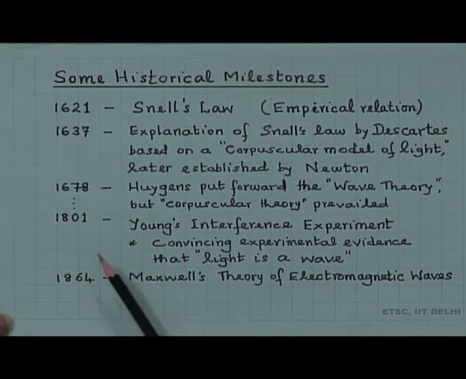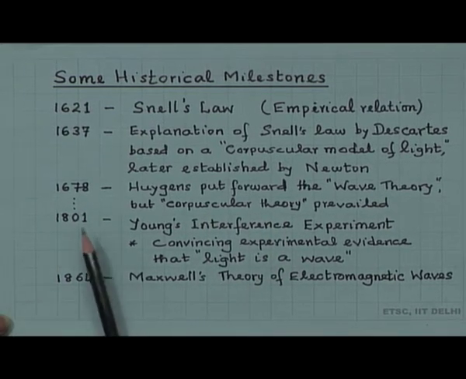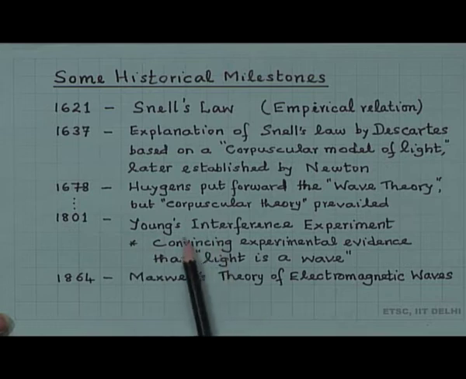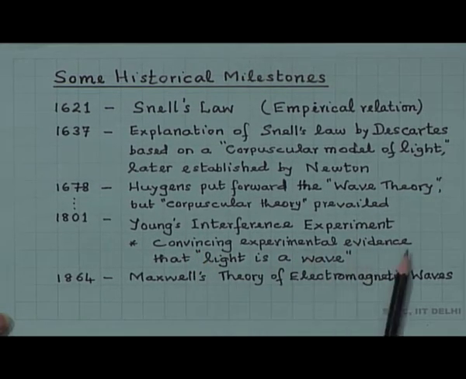For about a century thereafter, the corpuscular theory prevailed. Only in 1801, when Young presented his two-hole interference experiment, did we get convincing experimental evidence that light is a wave.